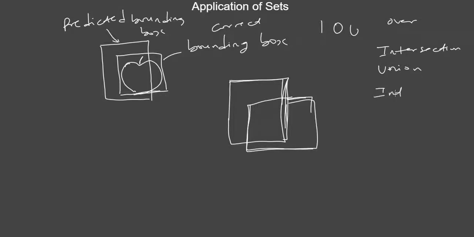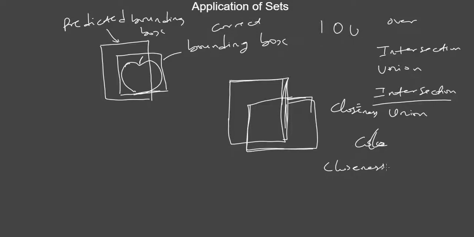So what this formula says is you look for the intersection, you divide by the union, and whatever you get is the closeness, or accuracy, of this predicted box: the intersection of the two boxes over the union of the two boxes.